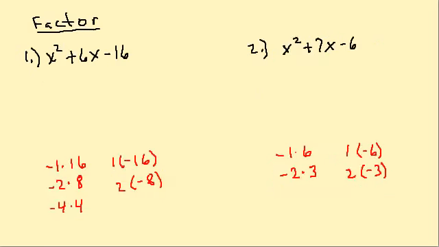Let's take a look at another one. In these two examples I've already written out the factors that give me the last term. So in this first problem, here's everything I can multiply together to give me negative 16. What will add together to give me positive 6? Well, we can see that's the negative 2 and positive 8, because negative 2 plus 8 gives me 6.